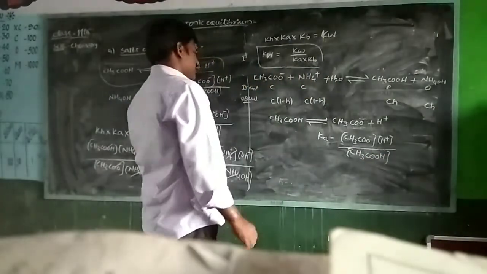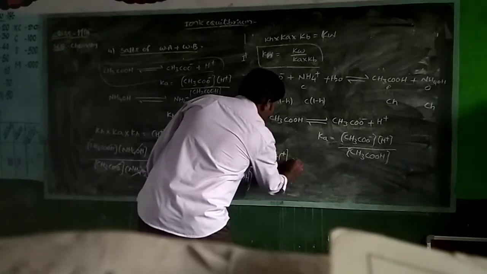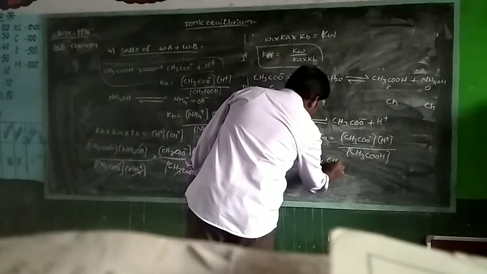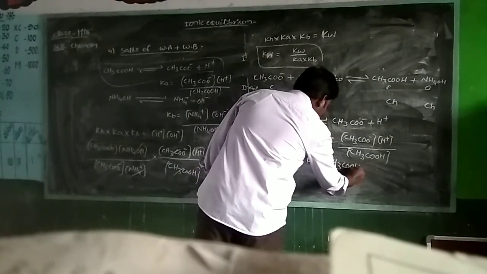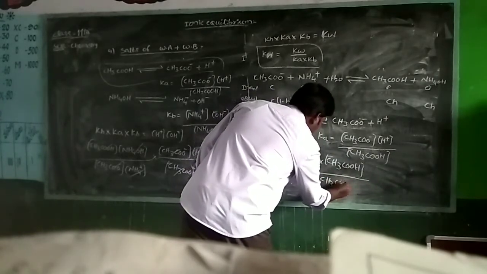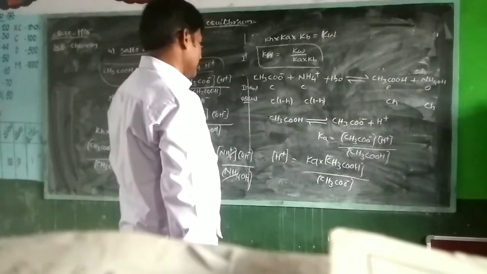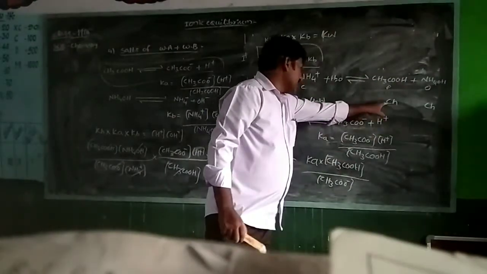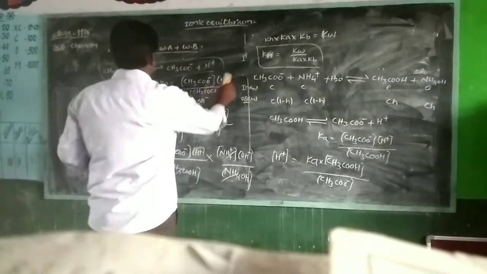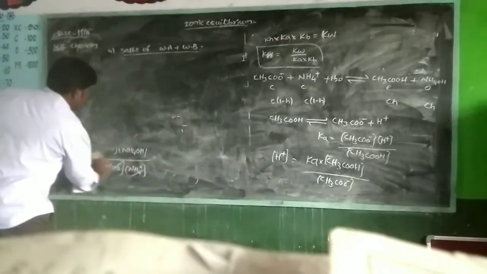Now H plus concentration is equal to Ka into CH3COOH concentration upon CH3COO minus concentration. CH3COOH is Ch, and CH3COO minus is C into 1 minus h.